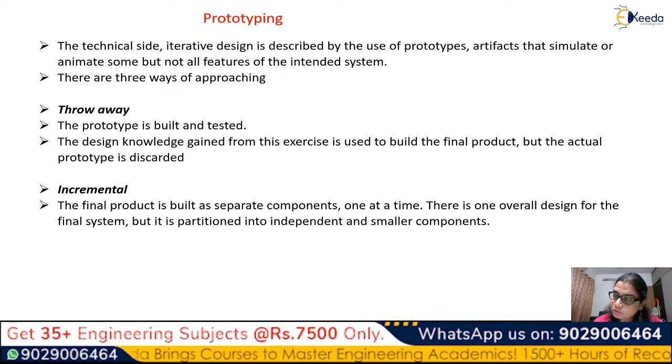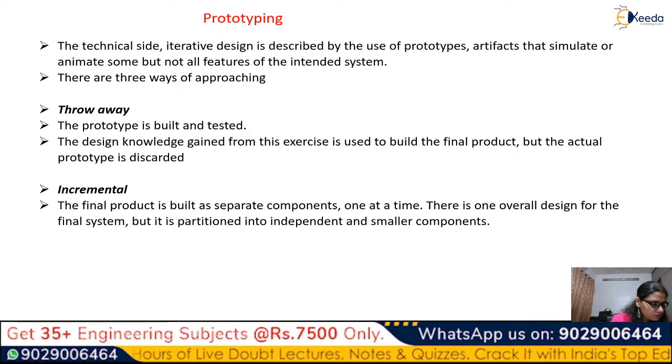So when the customer goes through this model, if the customer replies yes, nods their head, you say okay, the customer wants this; otherwise you need to change it. And you keep this prototype separate. You don't change your main code to this model code.